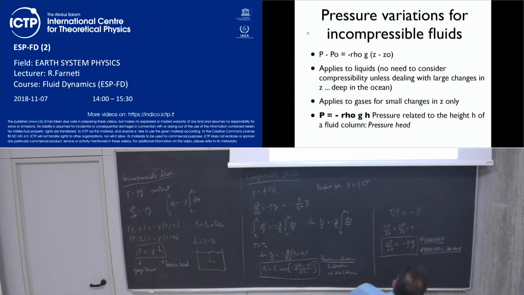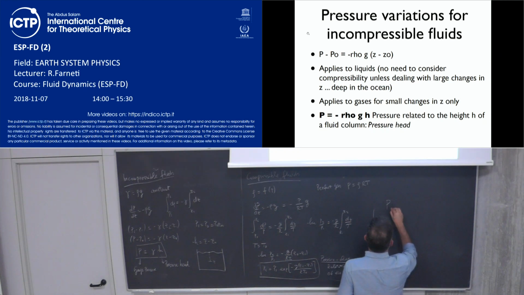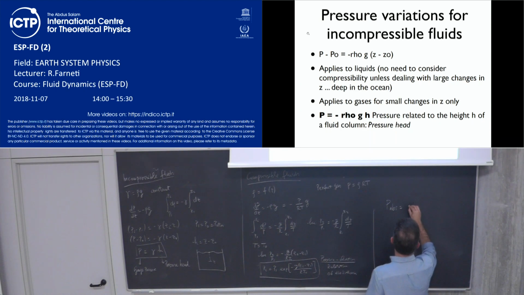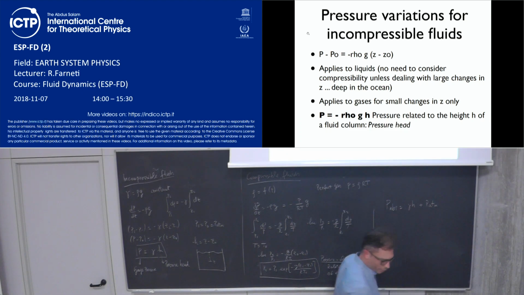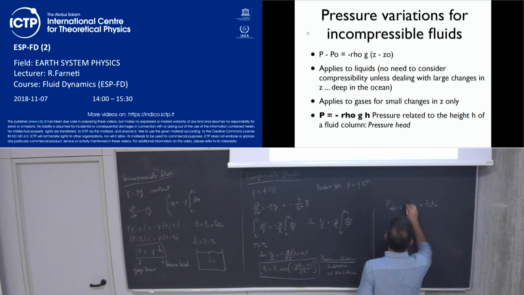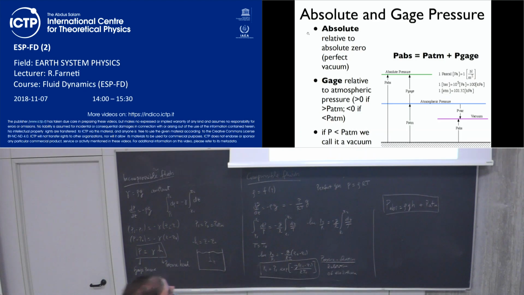So now you can define all your different pressures. You have an absolute pressure, which is your gamma H plus the atmospheric pressure. That's how you define your absolute and gauge pressure.